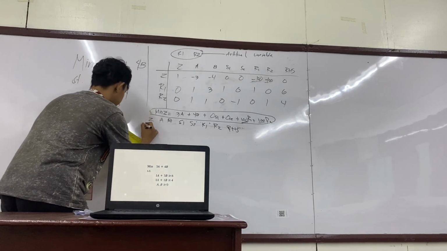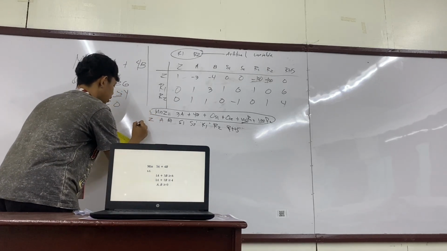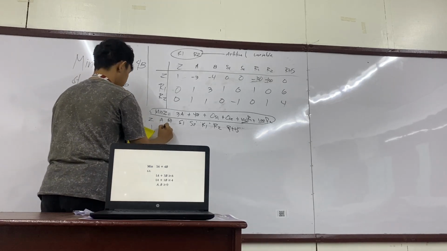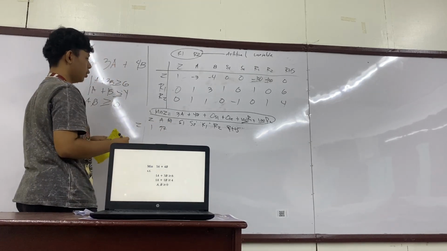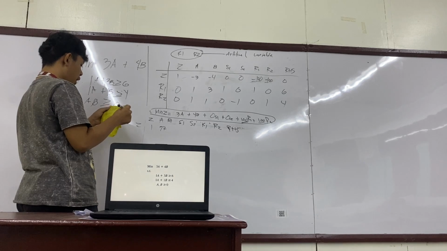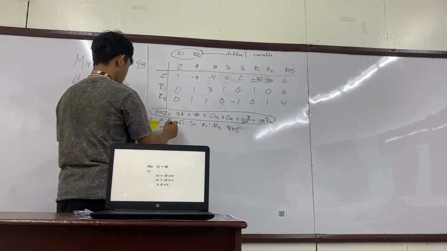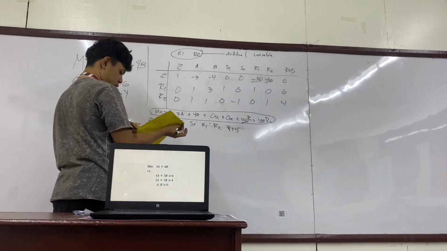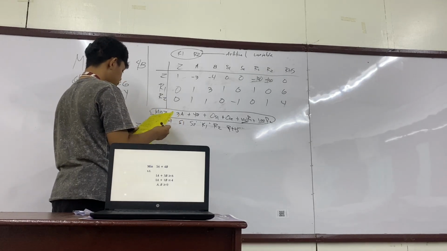So let's start with the Z here. The Z here is 197, okay, then 296.